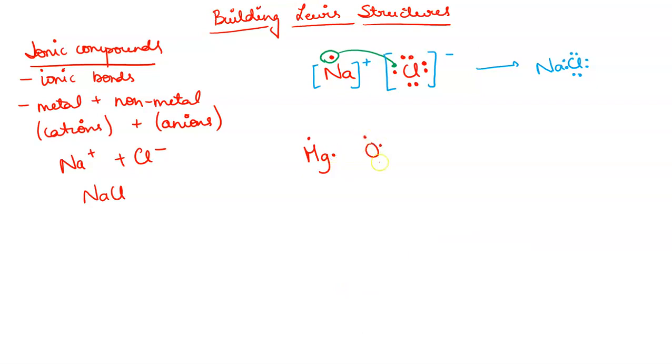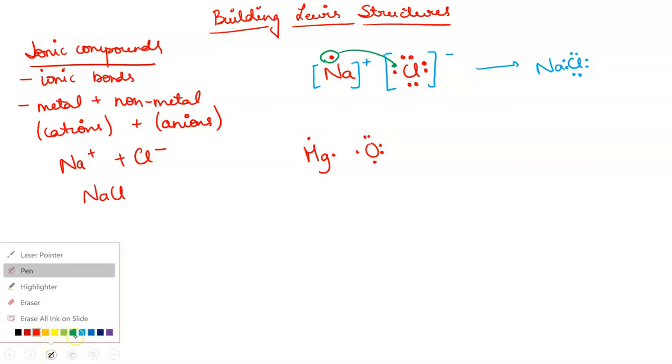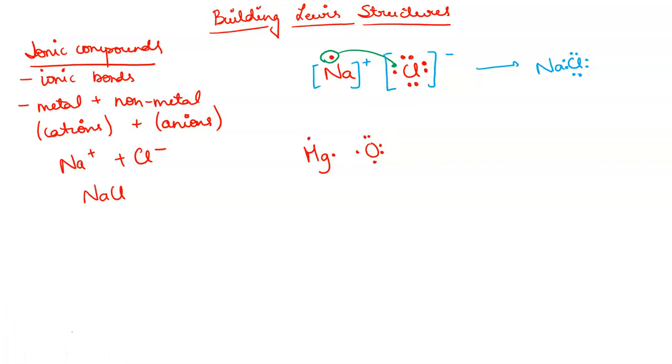So 1, 2, 3, 4, 5, 6, right? And in order to make a bond, magnesium we know has a positive 2 charge, right? That means 2 of those electrons have to be gone. And on the same side, oxygen has a 2- charge. That means oxygen has to gain those 2 electrons.